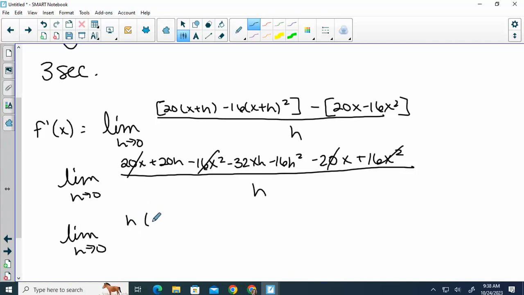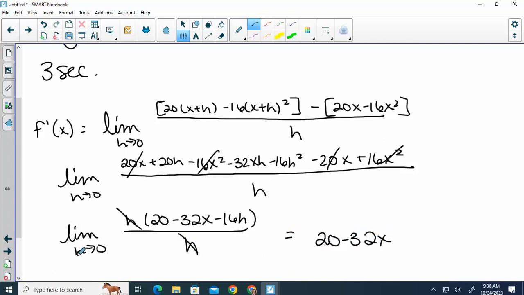Everything that's left has an h in it. So then we can cancel an h, plug in the zeros, so we get 20 minus 32x.